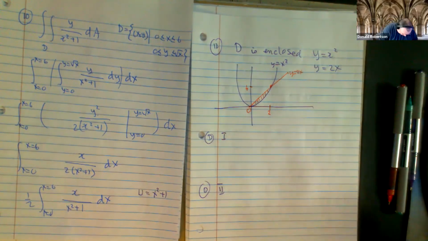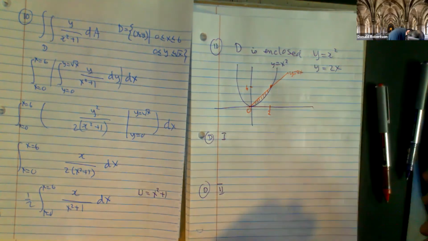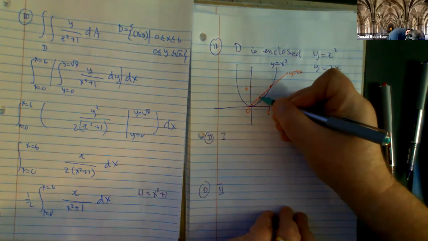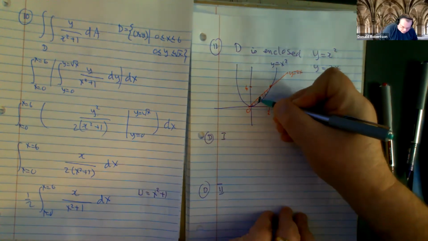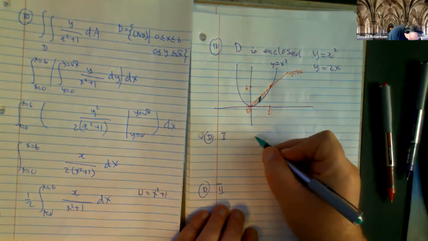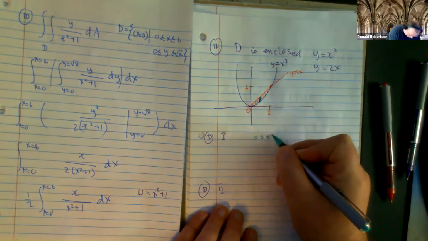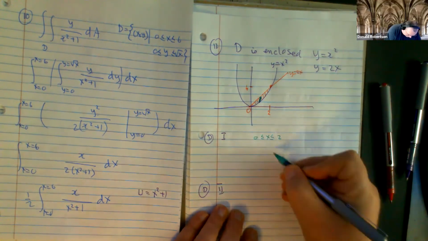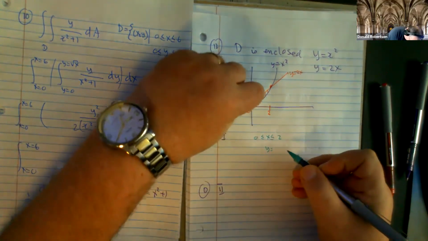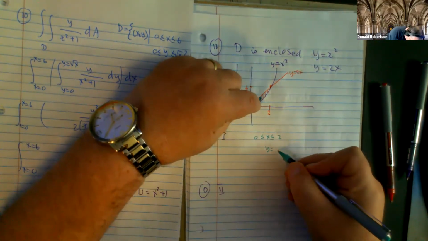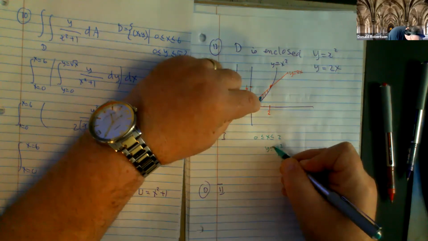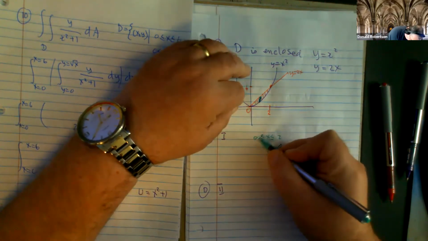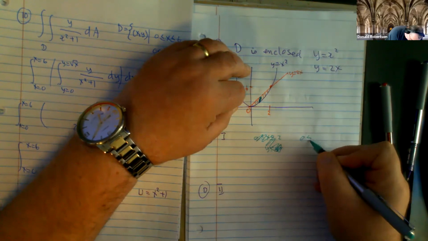If you're doing type 1, you're doing vertical rectangles. And so the x's are going to be from 0 to 2. And won't the y's be from the little guy, which is actually in this case the small side? Try that again.